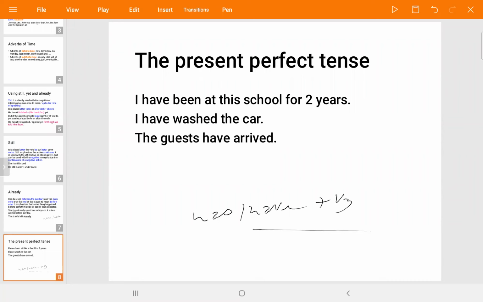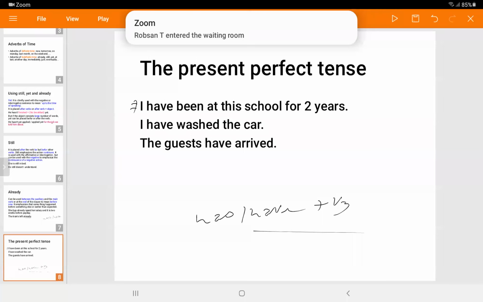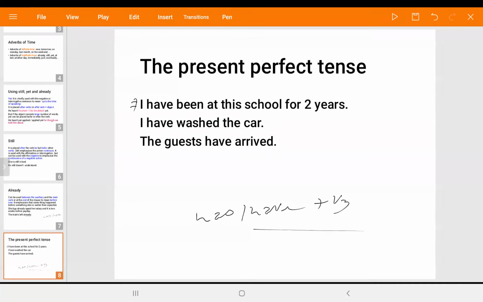Let's have a discussion on these sentences. The first one. We're going to identify their purpose, their use. Why do we use the present perfect tense? We're going to see its use through these sentences.